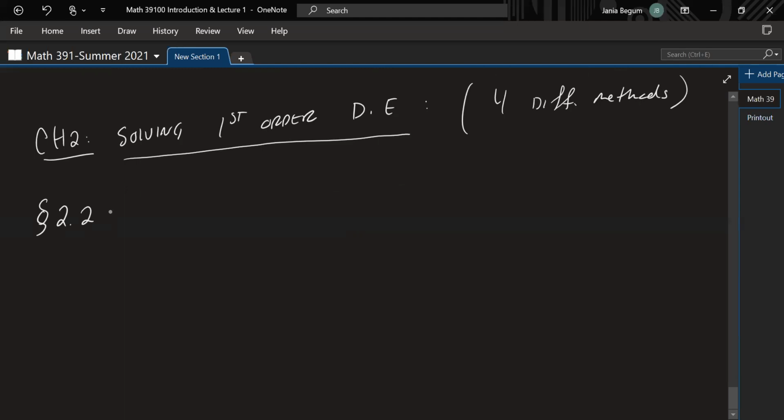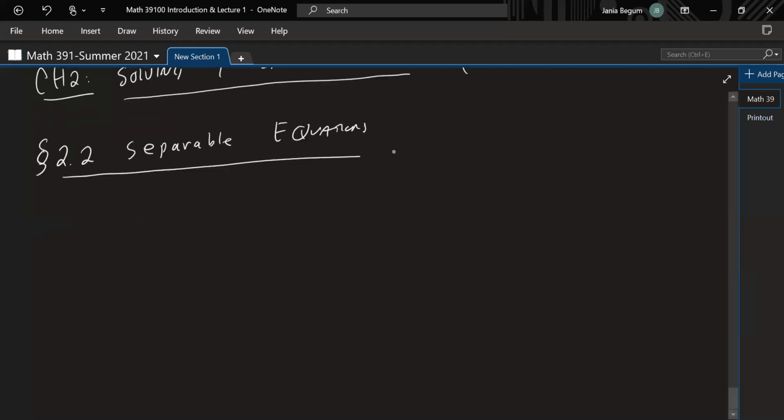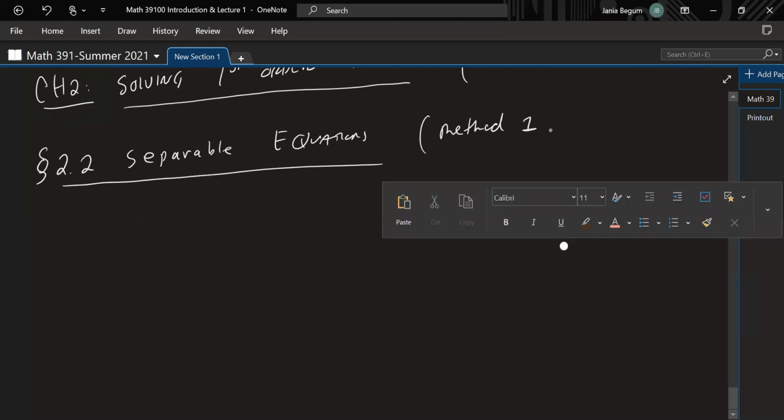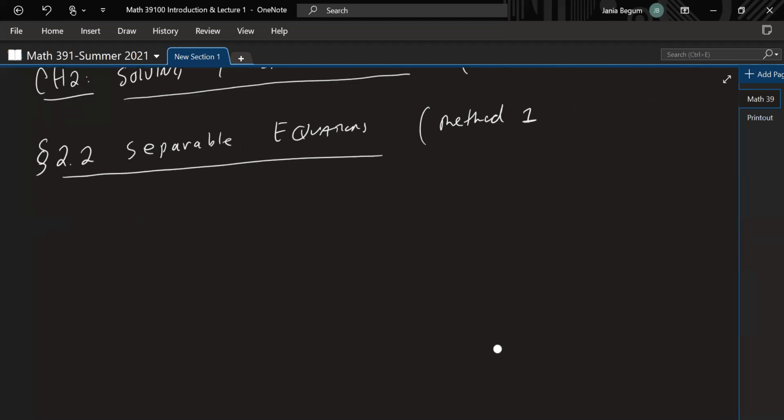This is called separable equations, and the method we're going to use is called separation of variables. So let's label this one method number 1. As we go along, I'll write down the methods for you. Now, how does this method work? We're only working with first order, so we will have an equation of the following form.